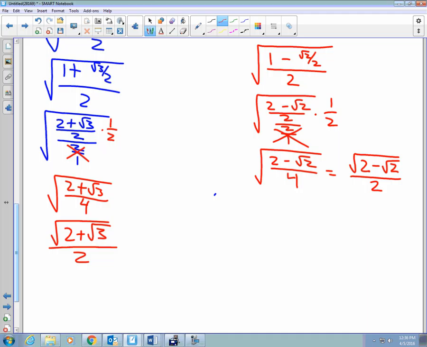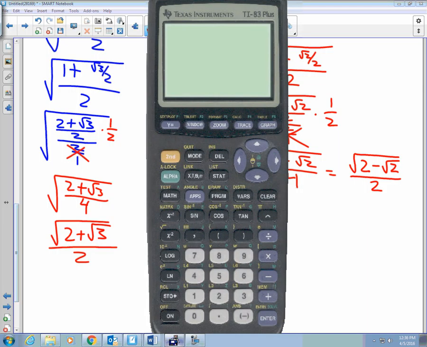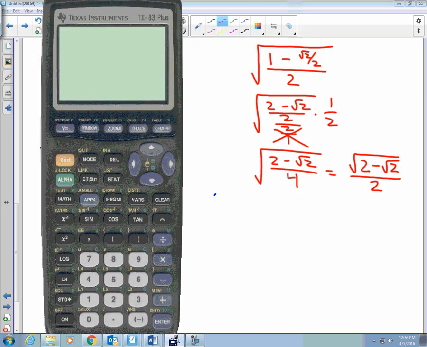It is exciting, and since you said that, let's take out our calculator. Sine of pi divided by 8, make sure you're working in radians.